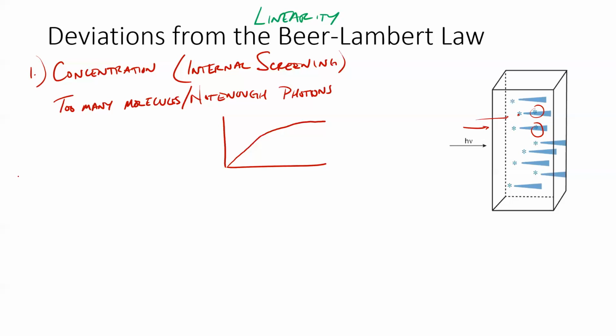Okay. A second issue could be some stray light. This is an issue that would affect the whole curve rather than just this nonlinear portion. But if we had stray light that was able to make it into the detector, so let's say, for example, we put our blank in, we zero our instrument, we open the instrument, take our blank out, and put our sample in.